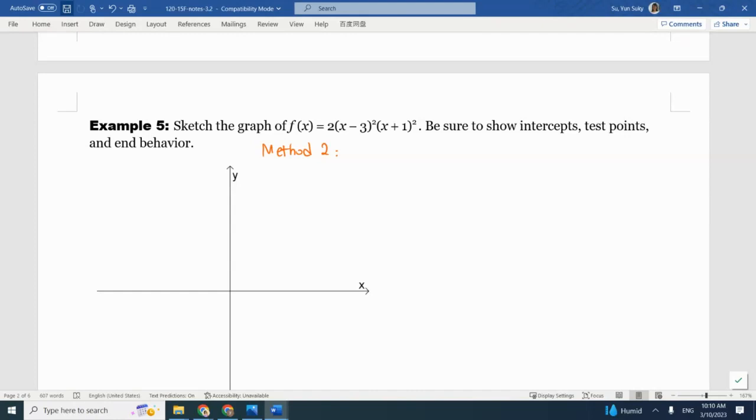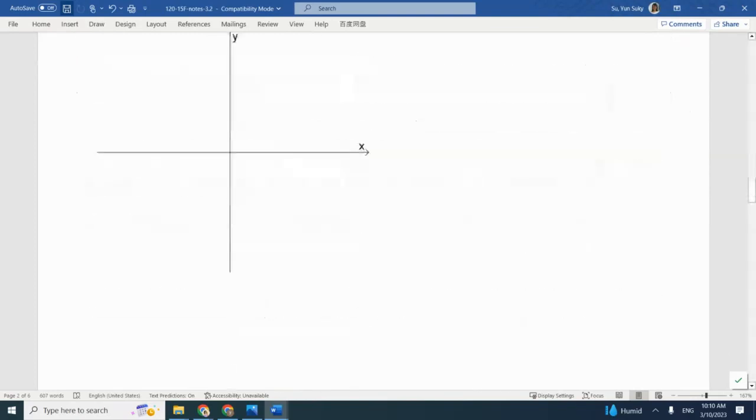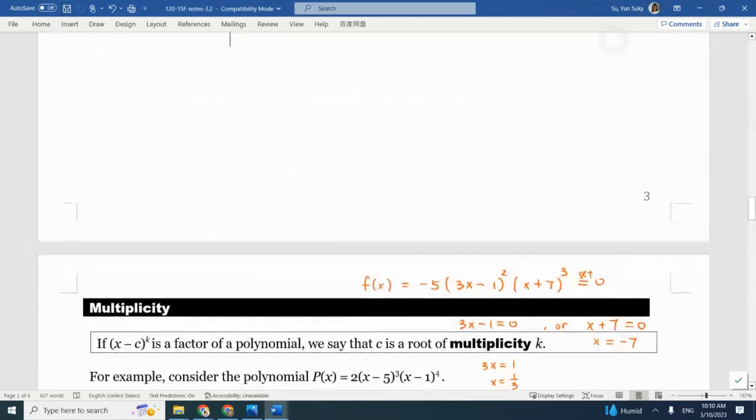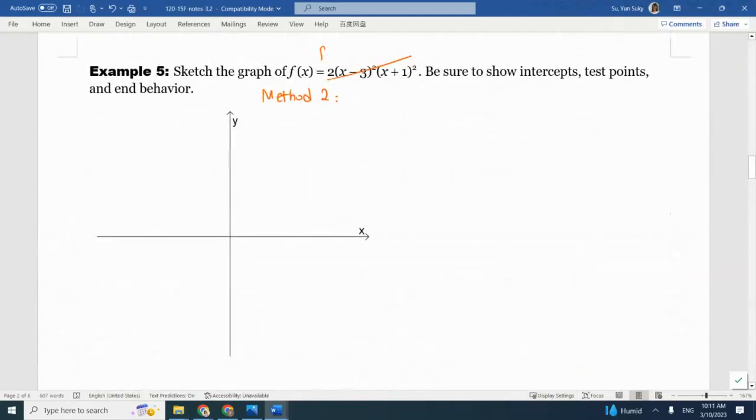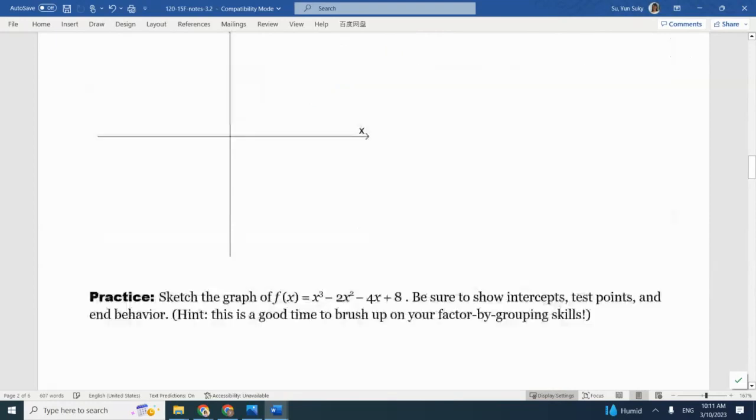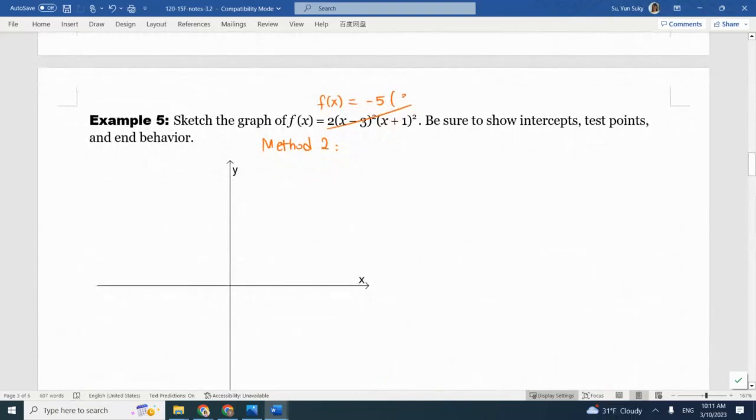Okay, let's see. I want to make the graph more interesting. Okay, so let's do, oh, I think that one is more interesting. So -5, and 3x minus 1 squared, and x plus 7 cubed.